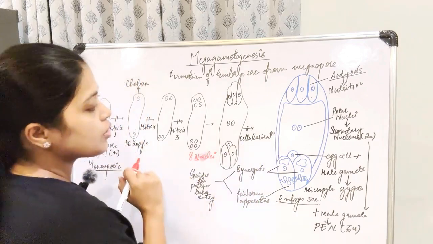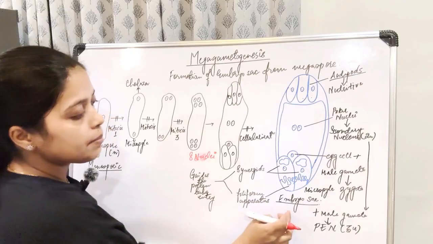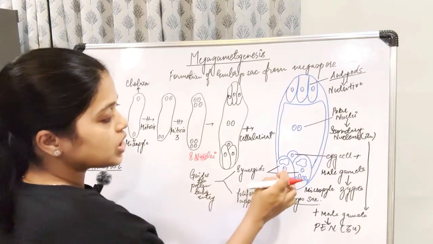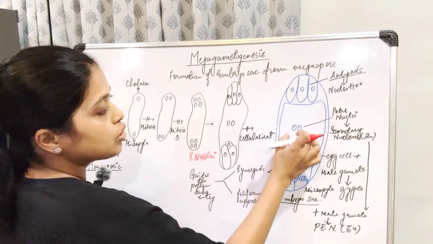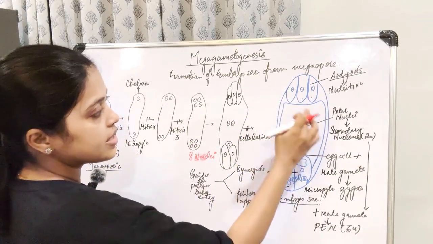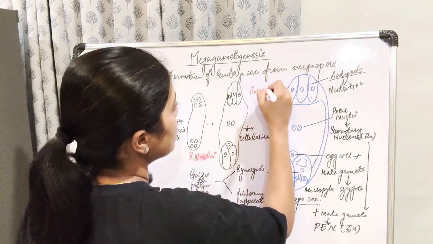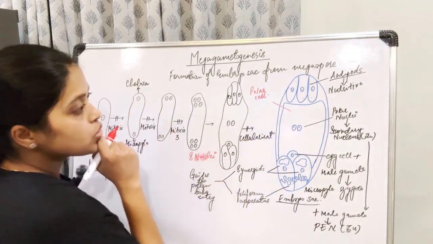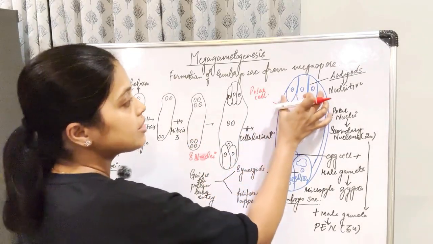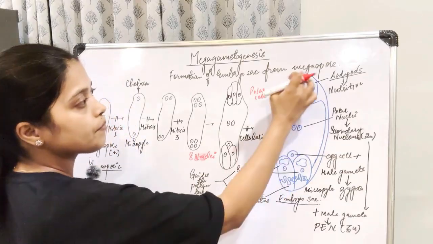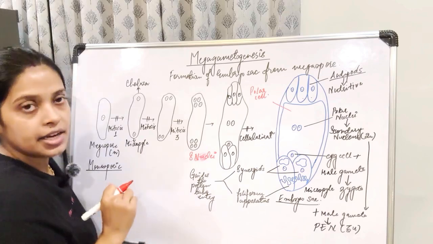Then there is a process of cellularization where a complete embryo sac is formed, which has 2 synergids and 1 egg cell at the micropylar end, 2 polar nuclei at the center. This is also called the polar cell. So 2 polar nuclei are in the center, polar cell, and 3 cells at the chalaza, called the antipodals.